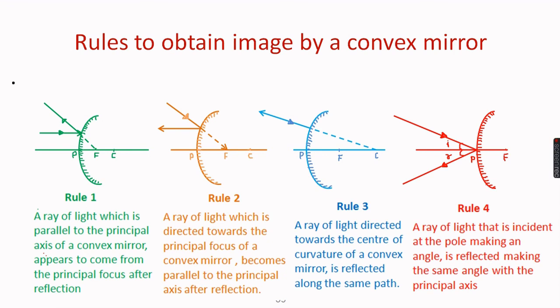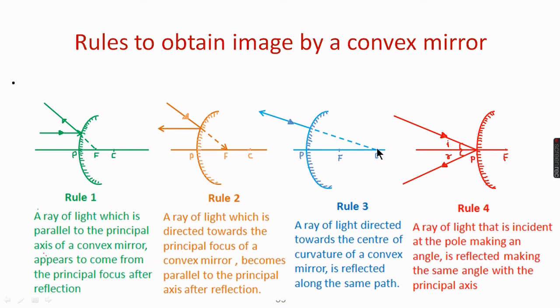So we'll see all the 4 rules. Rule 1. A ray of light which is parallel to the principal axis of the convex mirror appears to come from its principal focus after reflection. Rule 2. A ray of light which is directed towards the principal focus of a convex mirror becomes parallel to the principal axis after reflection. Rule 3.